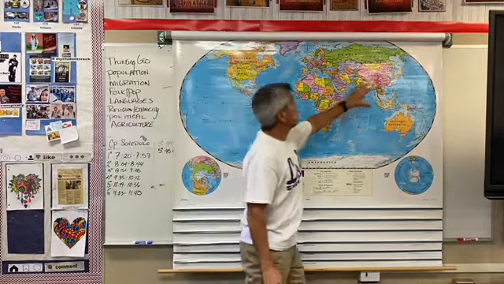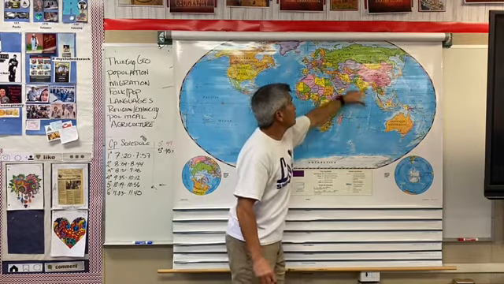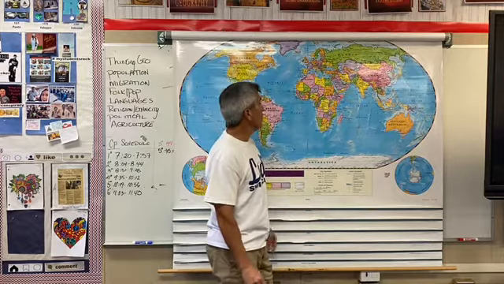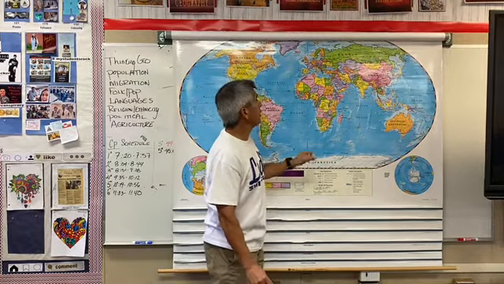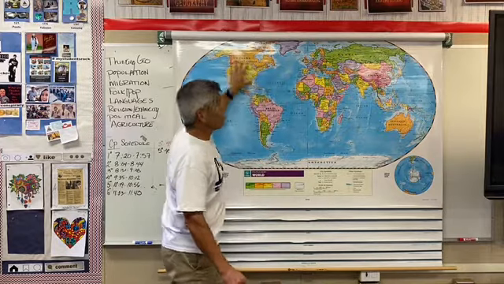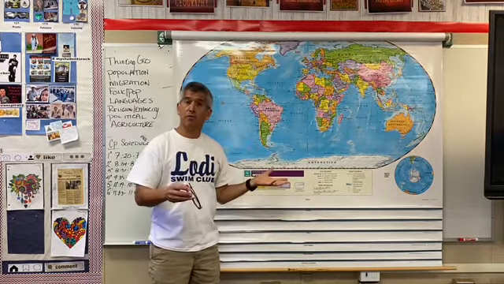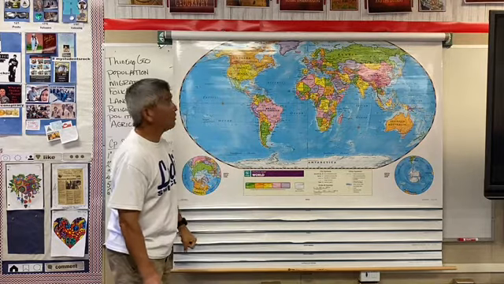Buddhism, we'd see the big color shade here in East Asia. Hinduism, we'd see a color shade here. And Judaism, you'd see a little bit here in Israel and then over in the United States.